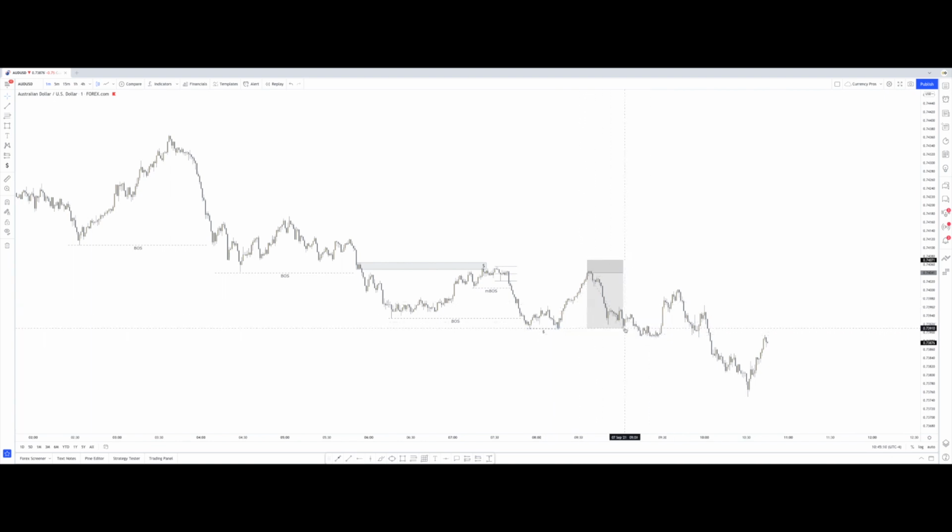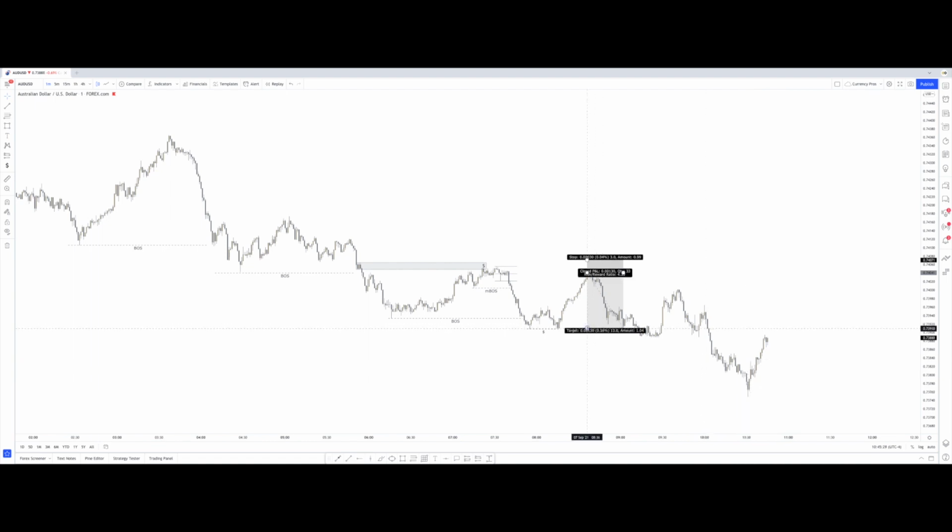Those were hit very nicely. The trade was taken out for full take profit. I didn't even take partials just because it was a fairly small trade to begin with. I risked 1% capital. And yeah, it just went straight to take profit basically. Now, as you can see, we had another pullback and price began to trade much lower.